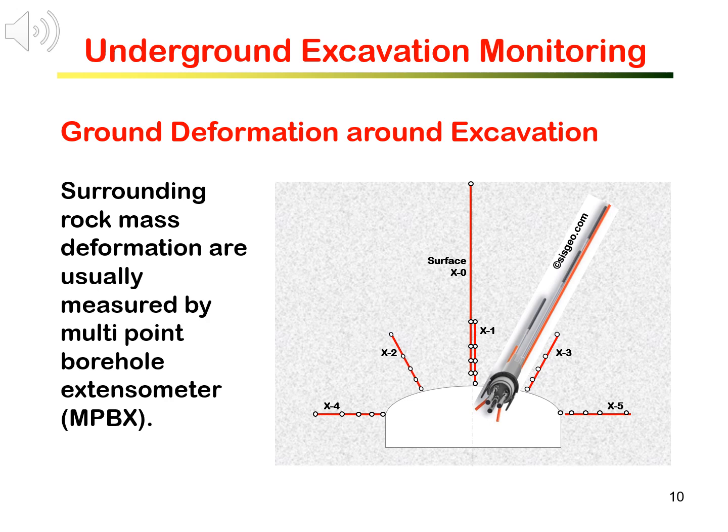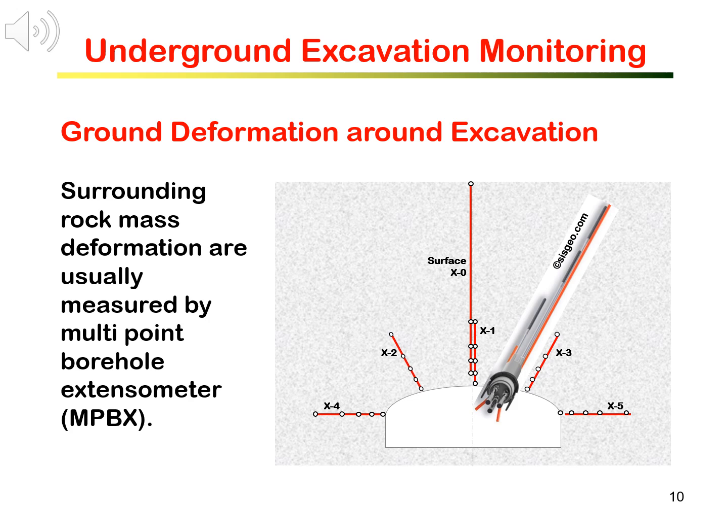The common multi-point borehole extensometer, MPBX, is used, measuring the deformation of the rock mass at different distances from the tunnel roof and the wall, as shown as X1 to X5 in the drawing.